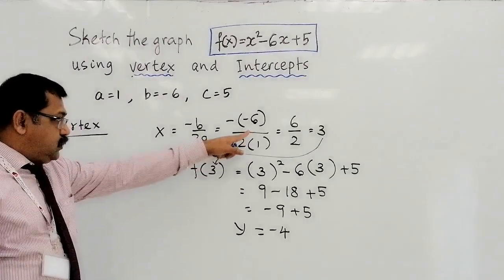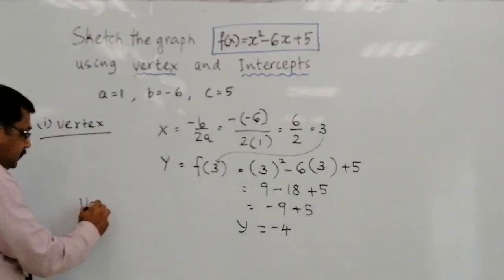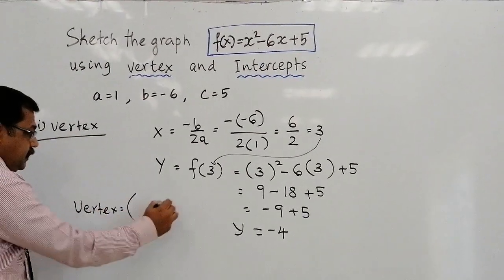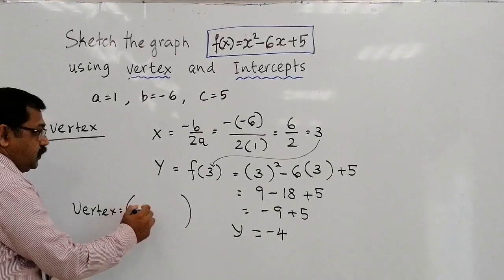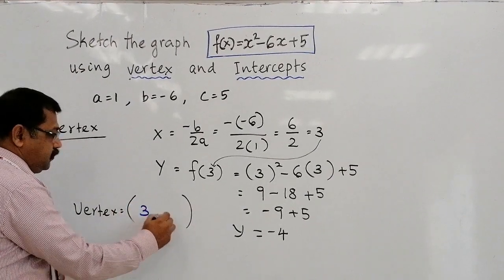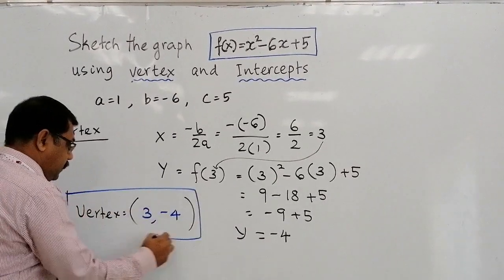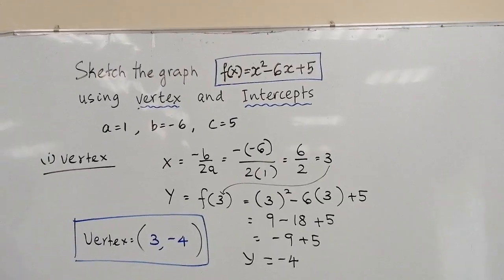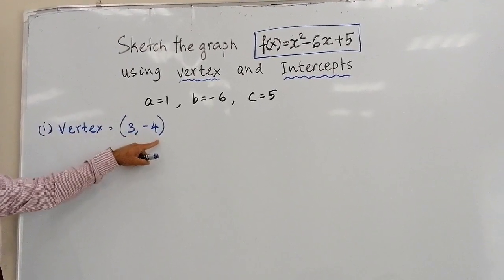So now we have the x coordinate and the y coordinate for the vertex. The vertex x coordinate is 3, y coordinate is minus 4. Okay, the vertex is (3, −4).